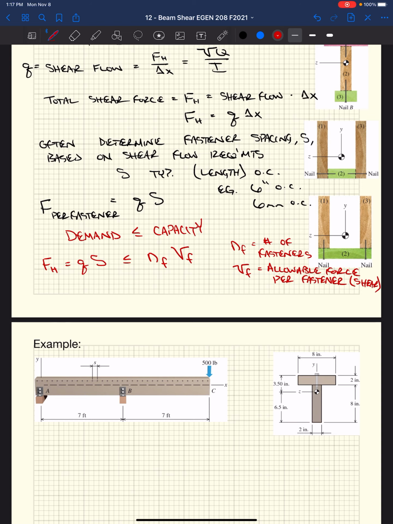Fasteners are going to have different capacities based on the loading type, whether they're in tension, compression, or shear. This would be our shear stress tau F times the area, our fastener area.